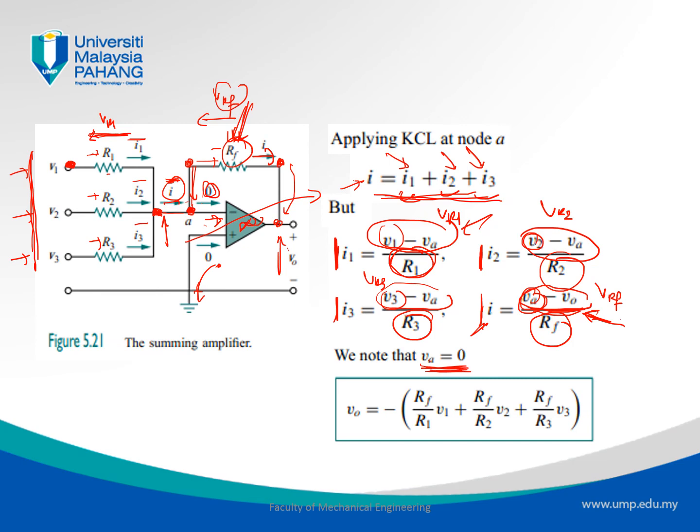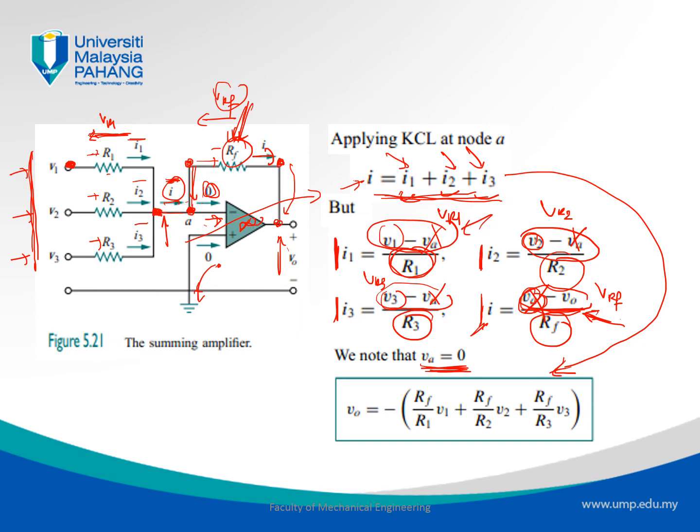When VA equals 0, we simplify the equation largely. If we write back the KCL, we get this equation, and rearranging everything, we get this equation.